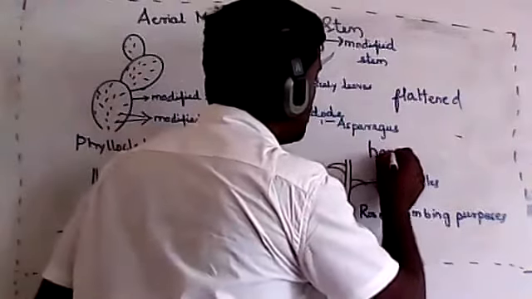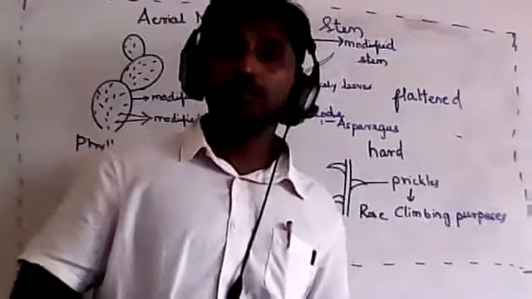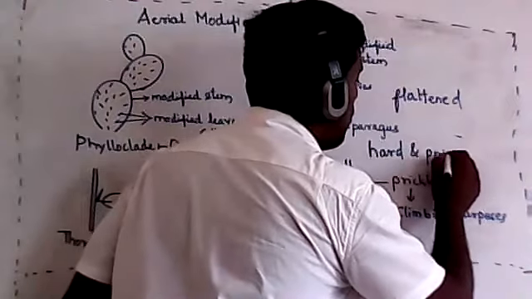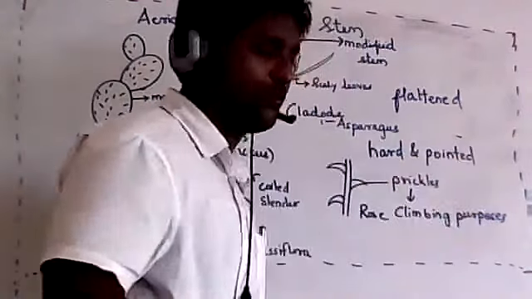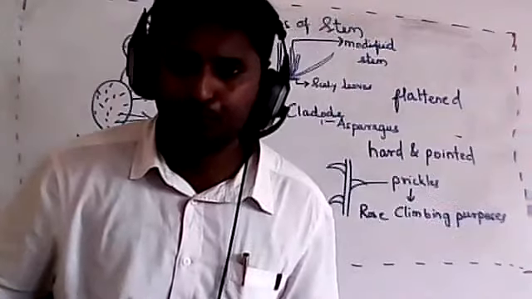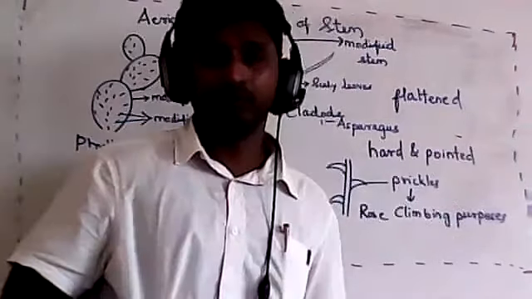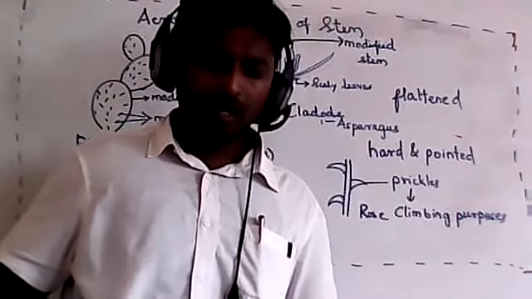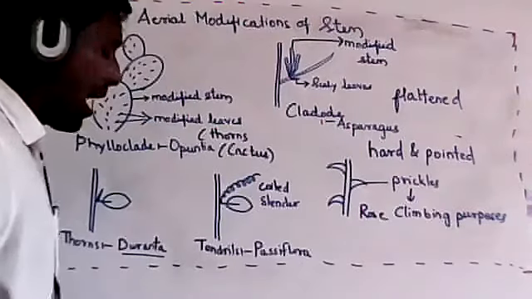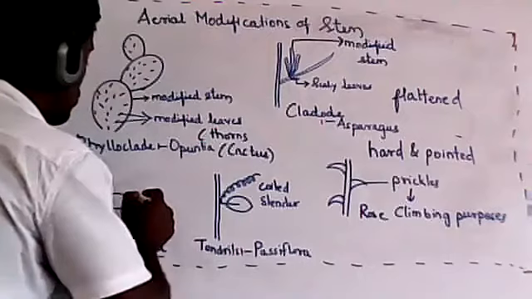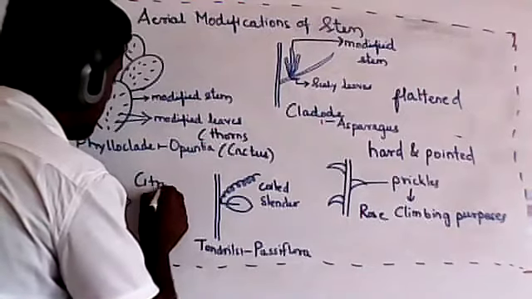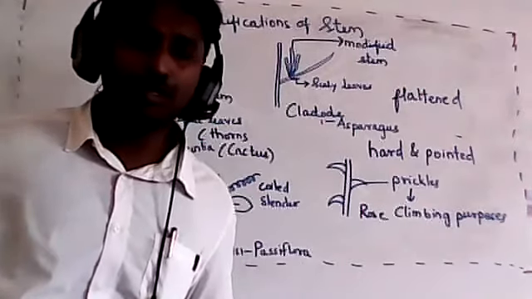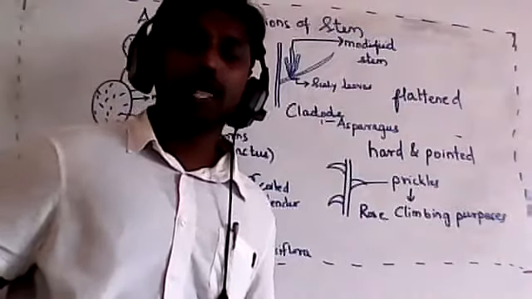Okay, it is hard, and it is pointed. An example for the stem thorns is Duranta, and you can take some more examples also. Citrus. Citrus is an example for stem thorns.